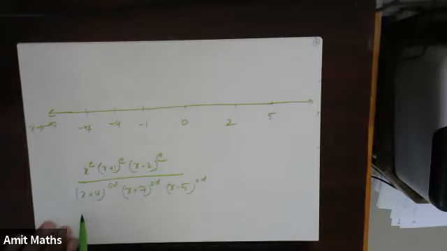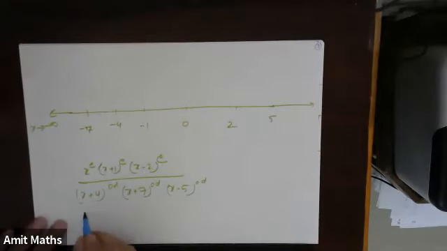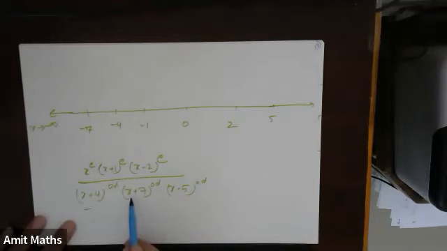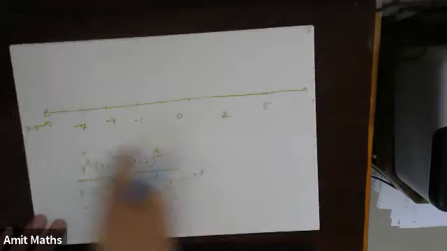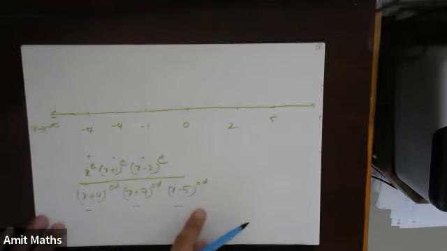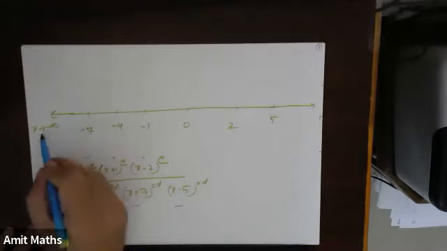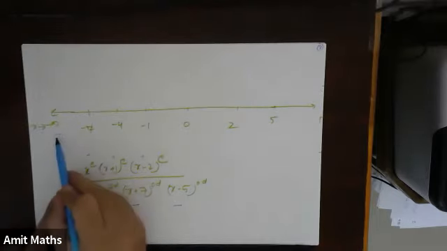Now, minus infinity, or a very large minus number, plus 4 will give you minus. Minus to the odd power will give you a minus sign. This one will also give you a minus sign, and this one will also give you a minus sign. So the overall sign will be positive, positive, positive, and then negative. So at x tending to minus infinity, the overall sign is negative. Has everybody understood? Okay.